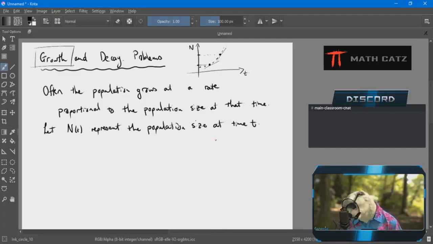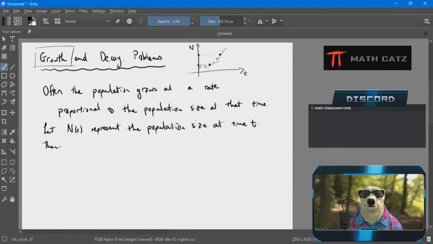Sometimes time is measured in seconds, sometimes time is measured in days, months, years, it doesn't matter. I would know beforehand what exactly the time unit is. N represents how many individuals there are, how much of the quantity, whatever I'm representing or measuring.